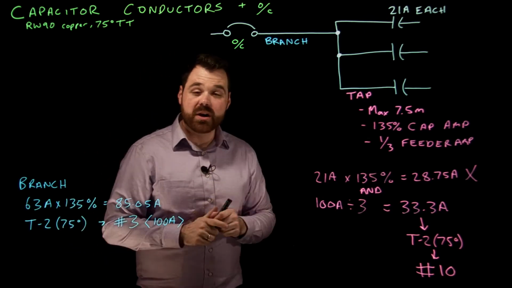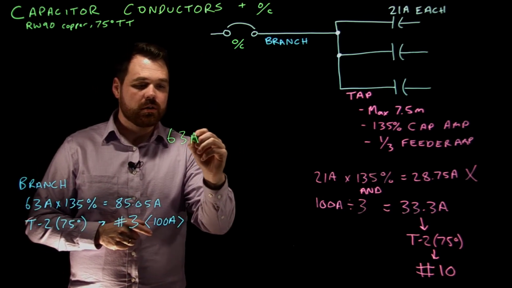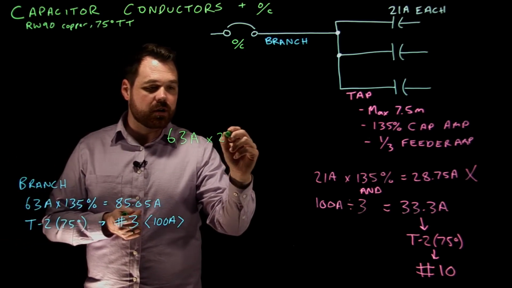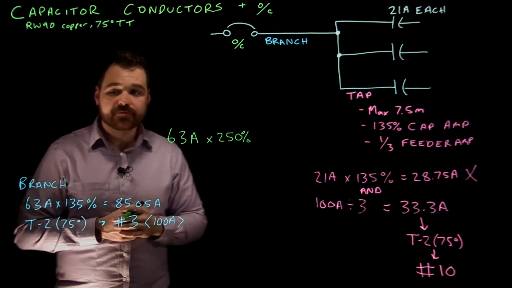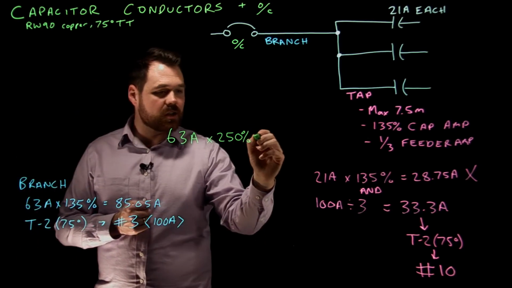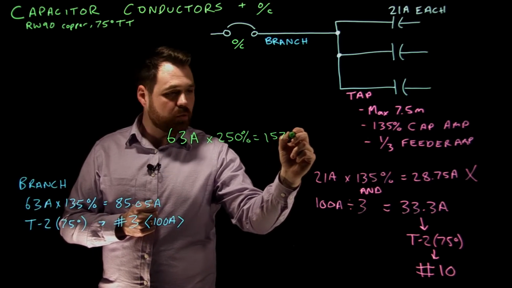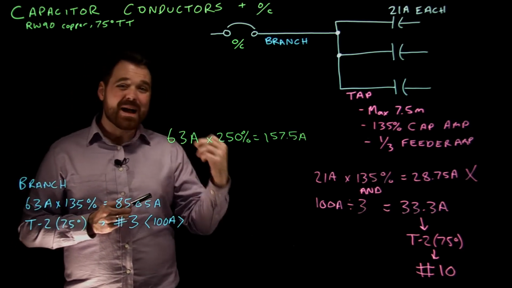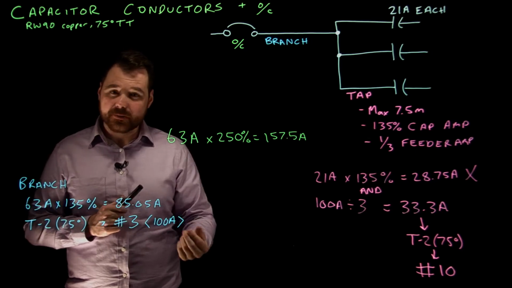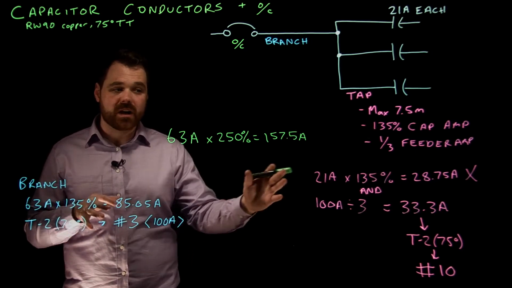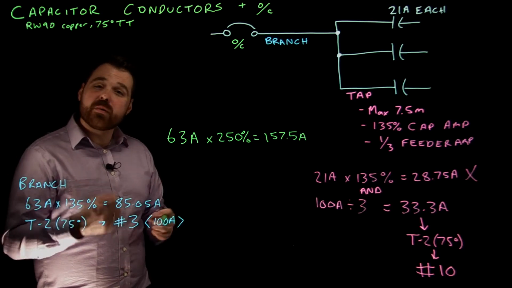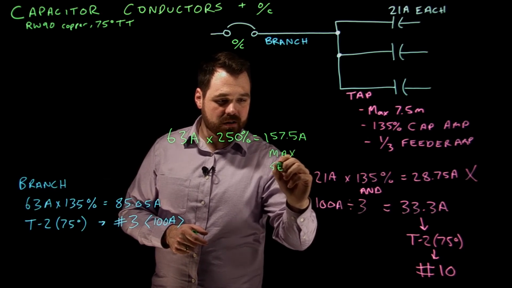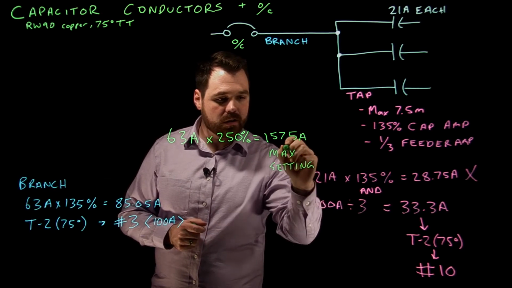In this case, we know our load is 63 amps. So we take our 63 amps and multiply it by 250%. 63 times 250% gives us 157.5 amps. This would be the maximum rating of our OC, the biggest overcurrent device I could have.